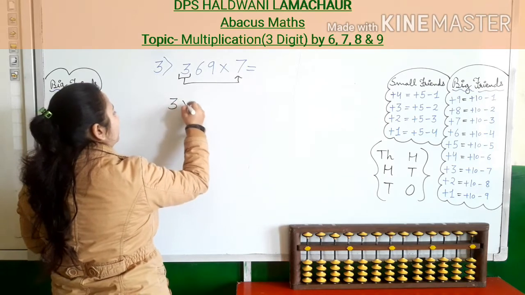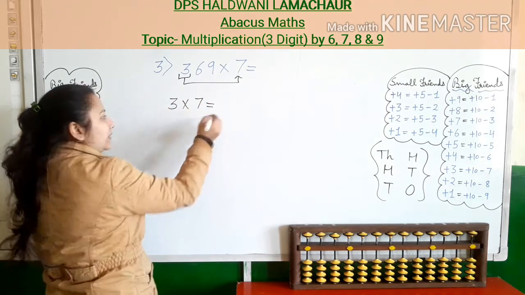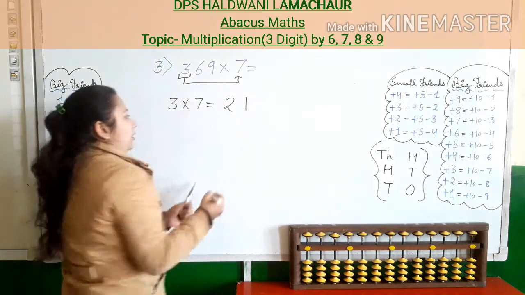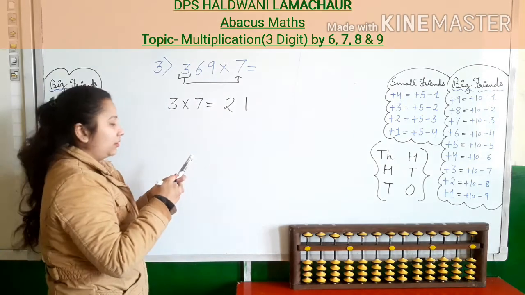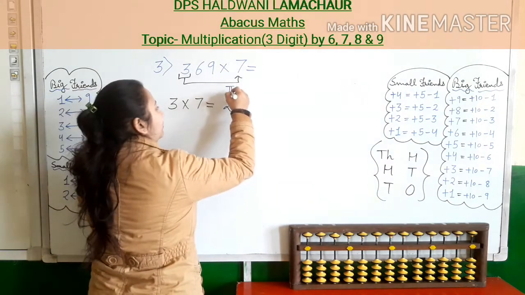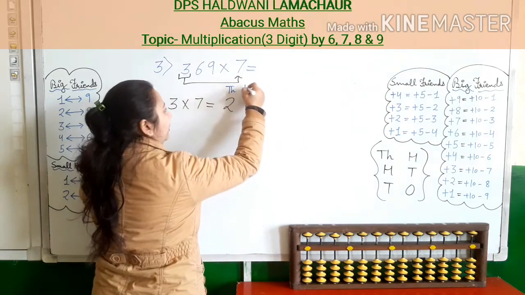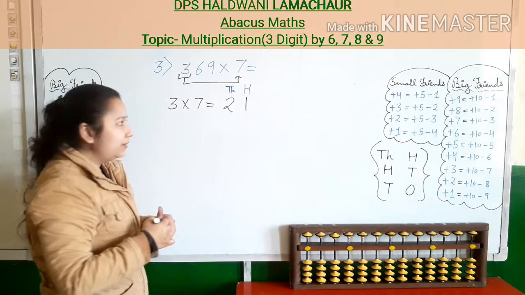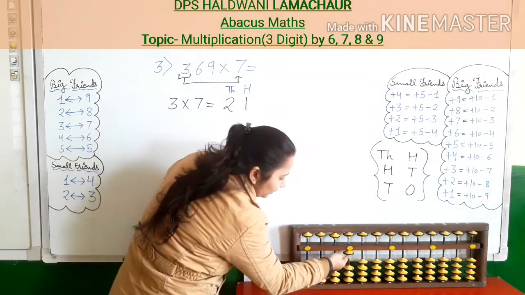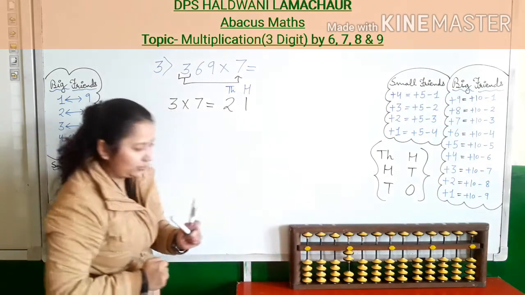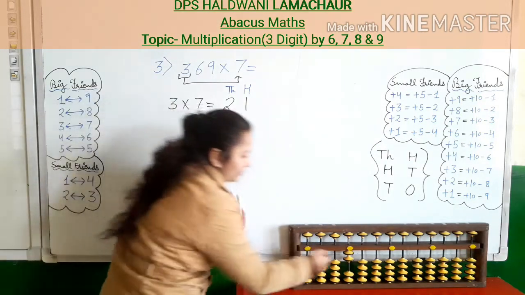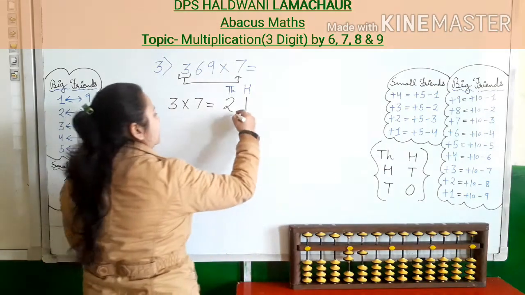Now 3 into 7. Now 7 3s are 21. Now first digit will go in 1000 slot and the second will go in 100 slot. So let's add. Now 2 in 1000. See 1, 2 in 1000 slot. Then 1 in 100. 1 in 100 and this is done.